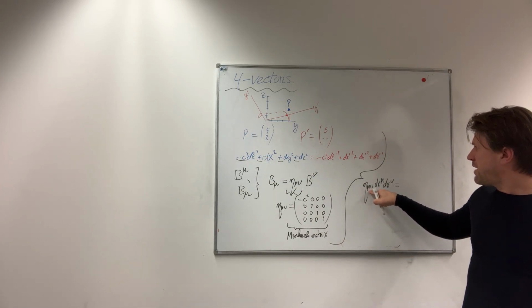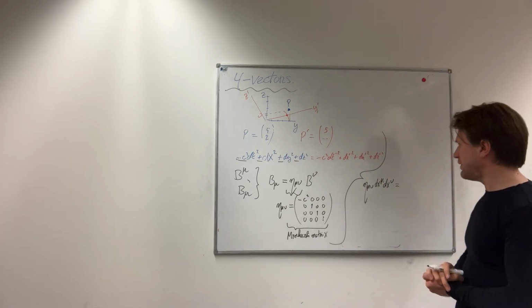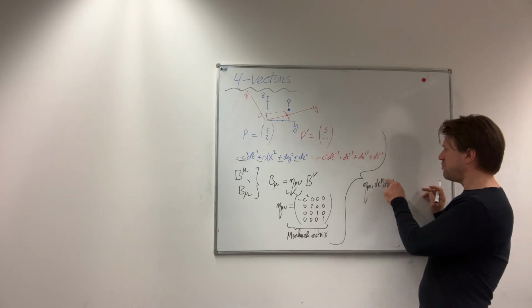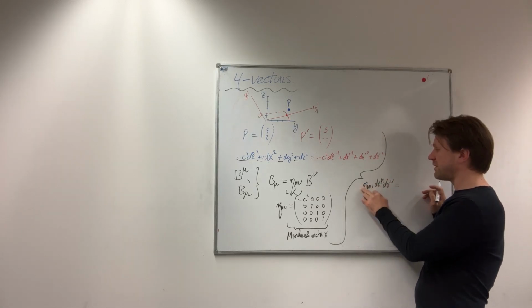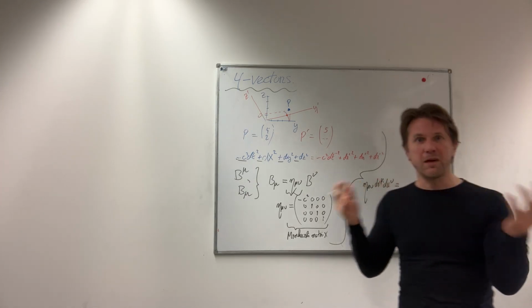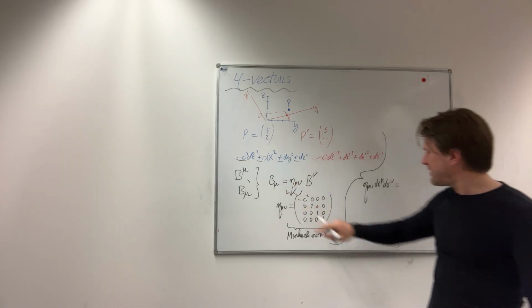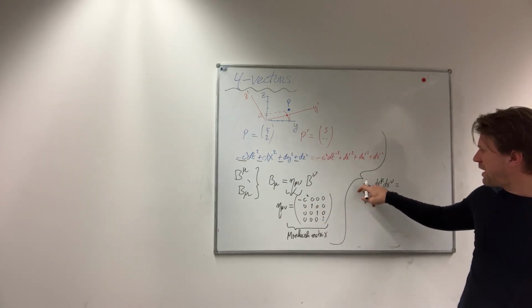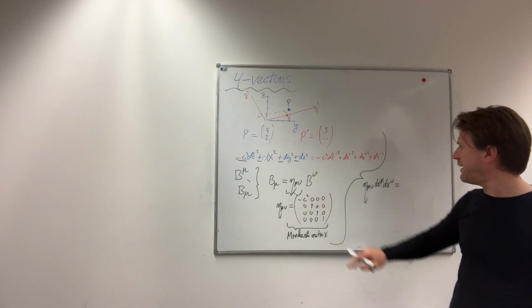But matrix multiplication says you also have to take all the other terms, right? It becomes a sum of things. It also says that you have to take the mu 1, nu 1 combination and multiply it with its Minkowski matrix entry. Well, dx1 and dx1 is what you call the amount of distance in x direction, dx squared. And you have to multiply it with the Minkowski matrix entry at the 1, 1 position, which is 1.